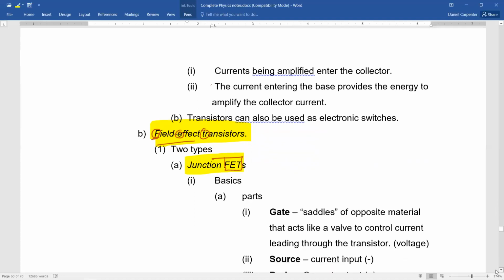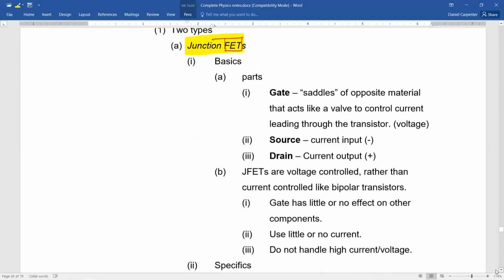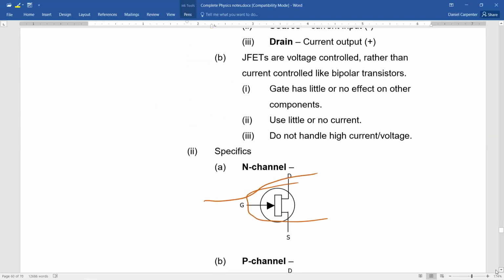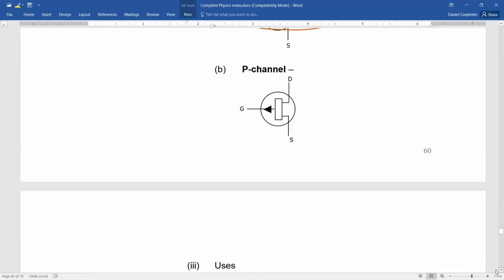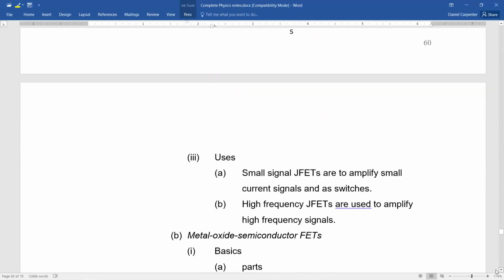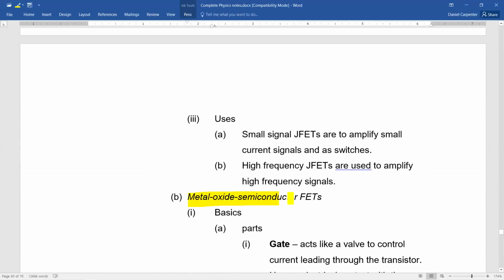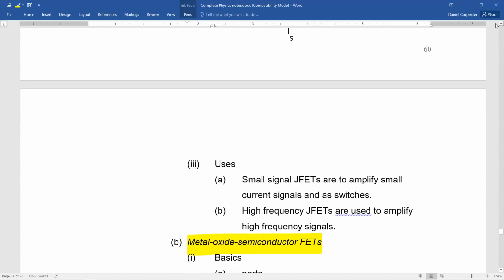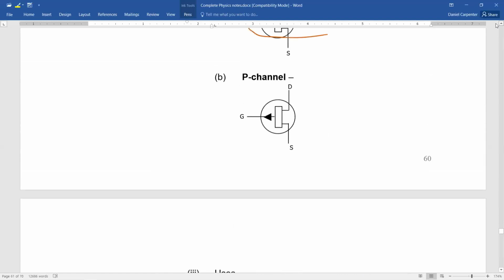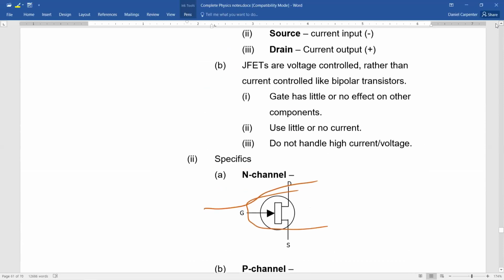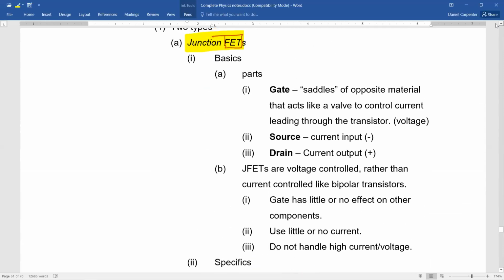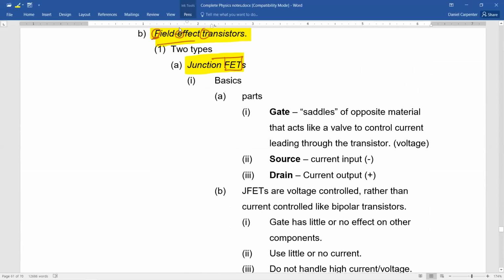And then down a lot farther, metal oxide semiconductor field effect transistors. So we've got actually 4 terms, 2 types, but with the 2 types and the subtypes, we actually have 4 terms. And some people get a little bit confused about 2 types and 4 terms.